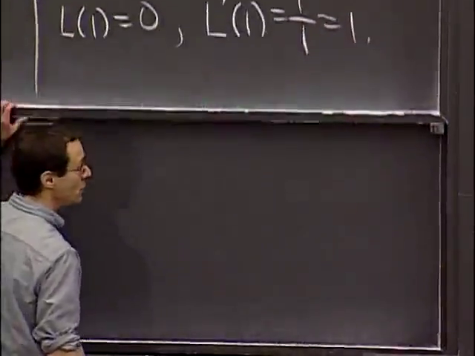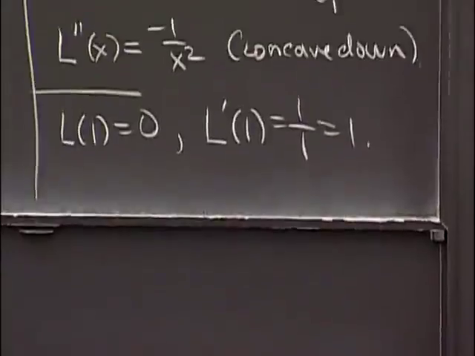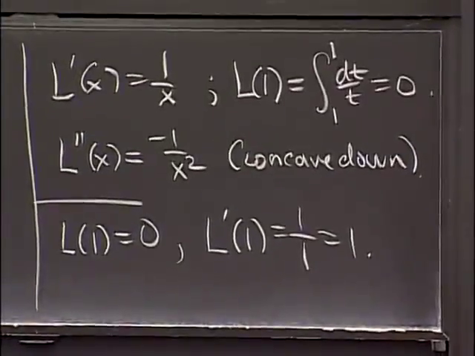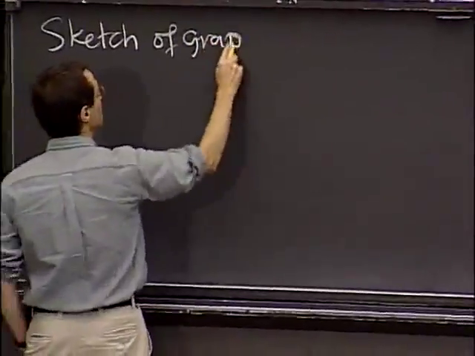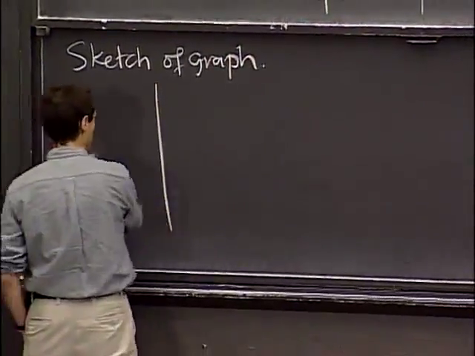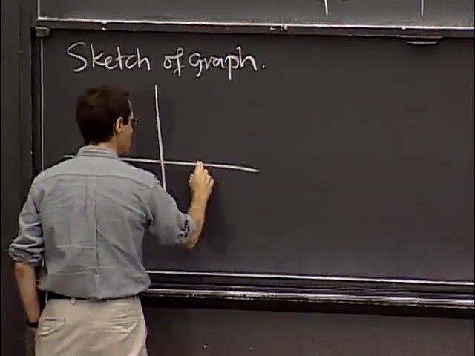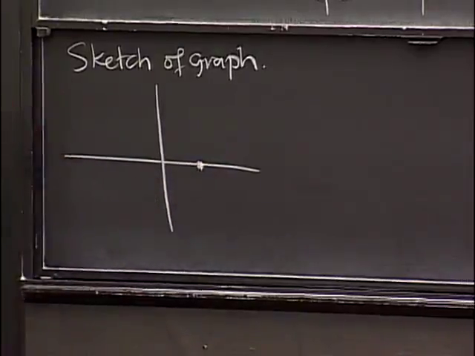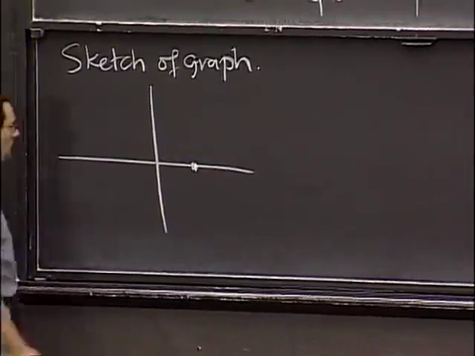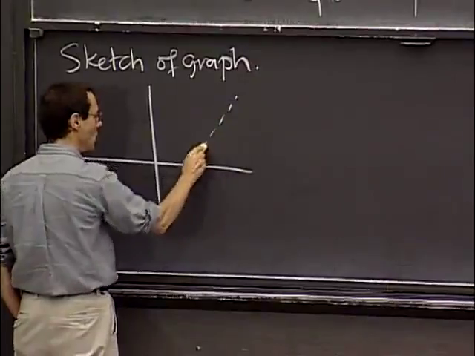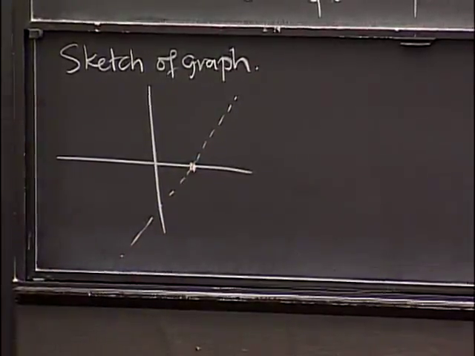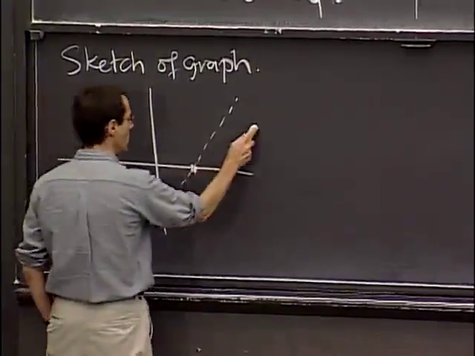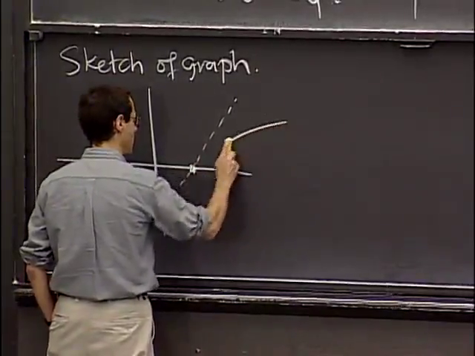And now I'm ready to sketch at least a part of the curve. So here's a sketch of the graph. Here's the point 1, 0, that is x equals 1, y equals 0. And the tangent line, I know, has slope 1. And the curve is concave down, so it's going to look something like this.